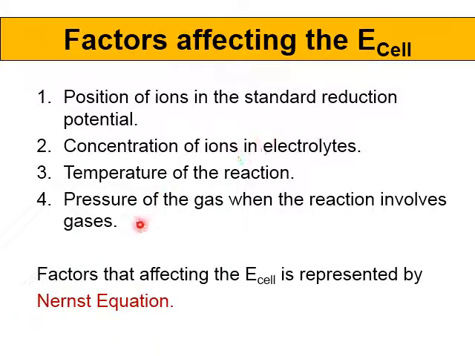Then, pressure of the gas when the reaction involves gases, especially hydrogen. When gases are involved, of course pressure will play a big role. If you put it under pressure, the E cell will be different as well. All these factors, we can put in one and represent by the Nernst equation.